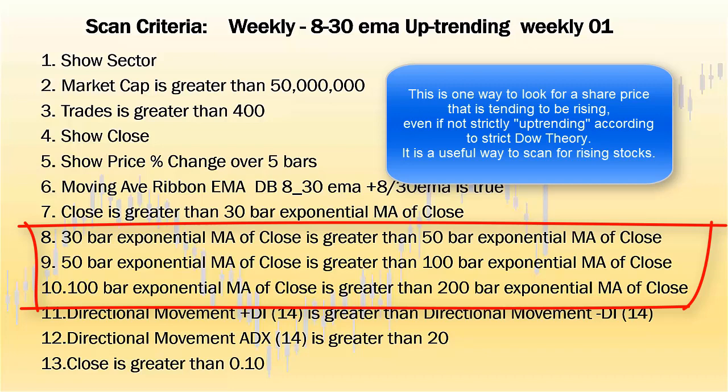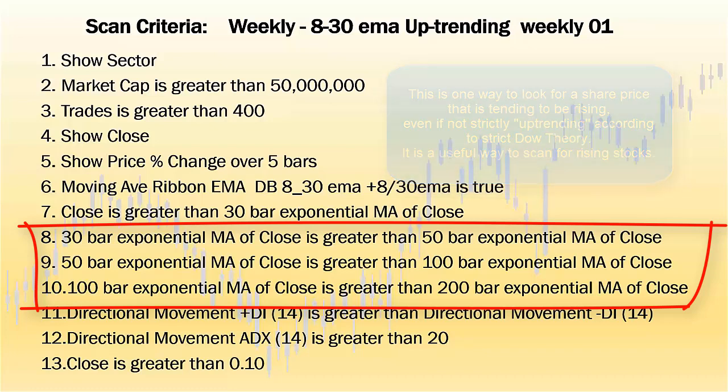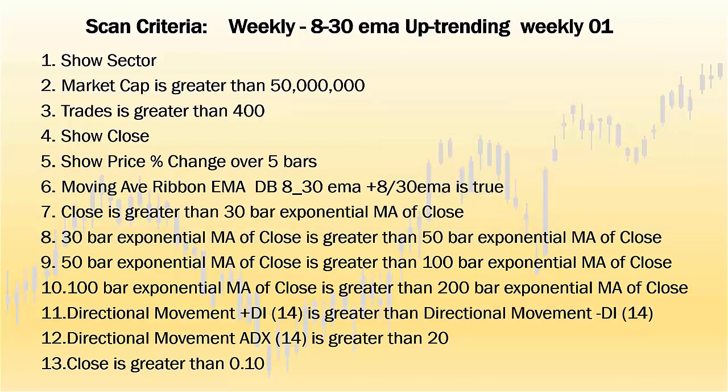What this does is simply say that these moving averages are above each other, and therefore they must be uptrending. By the time you get to 100 being greater than 200, it does show that it's an uptrend. That's really what all that does: it makes sure I only look at stocks that are uptrending. I don't want to look at stocks that are moving sideways or downwards.